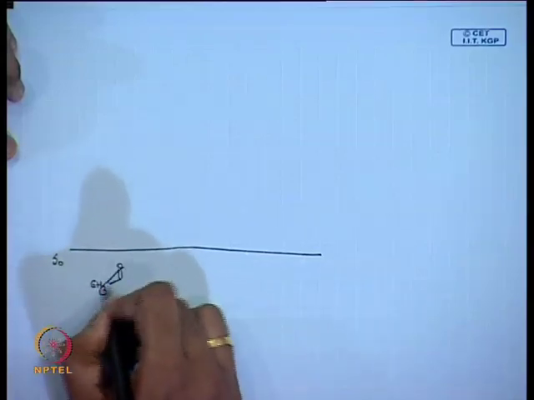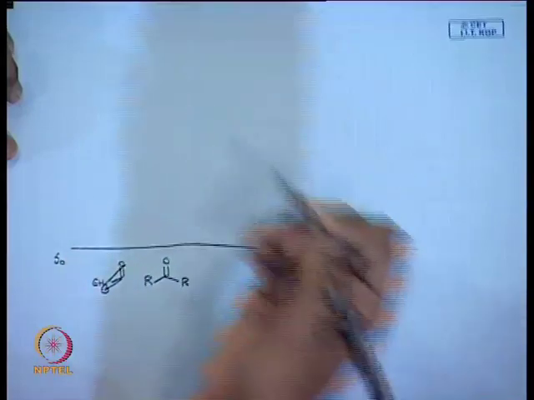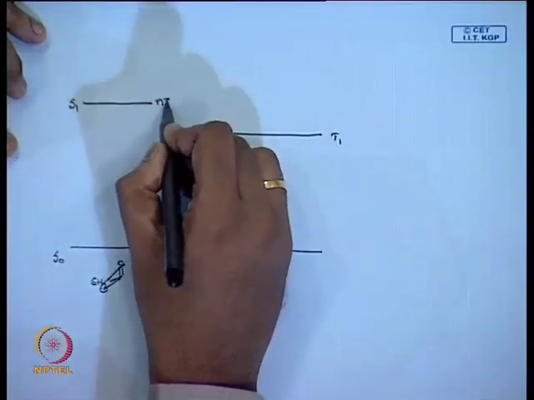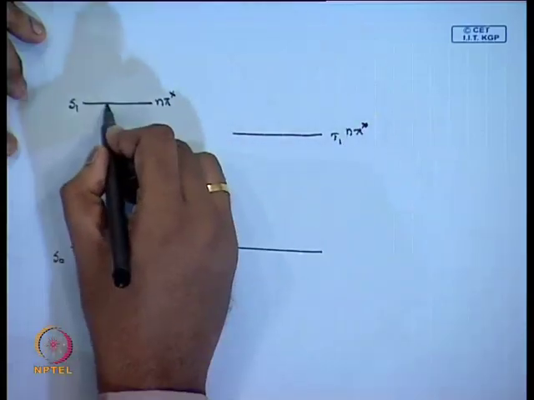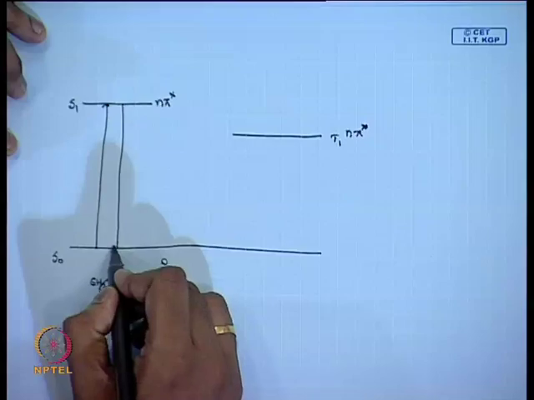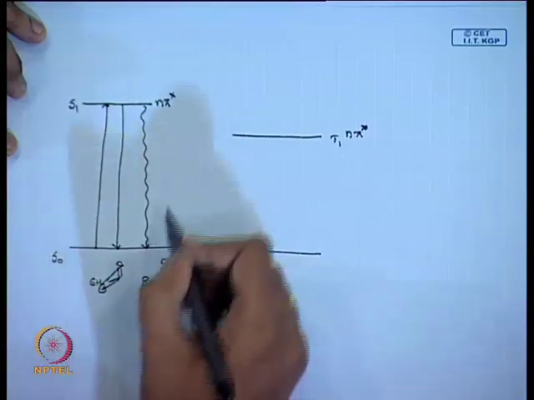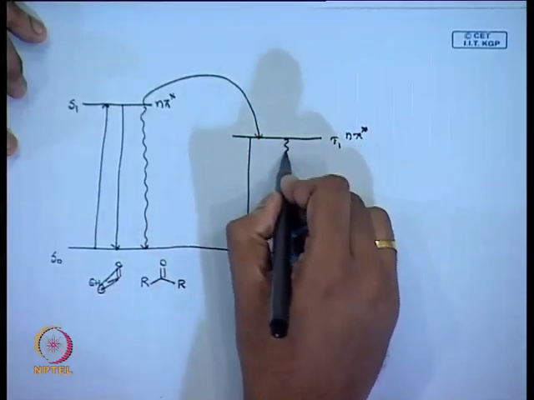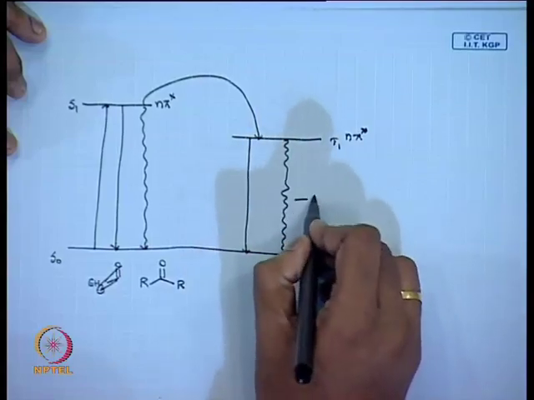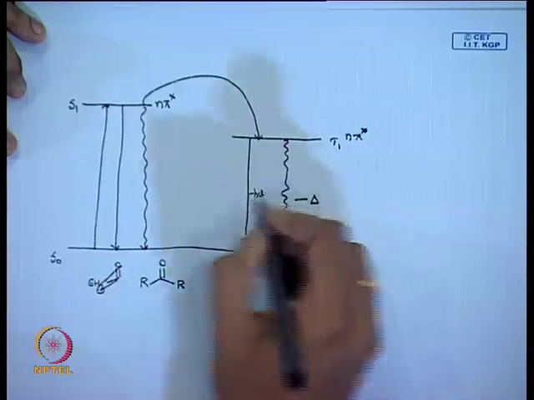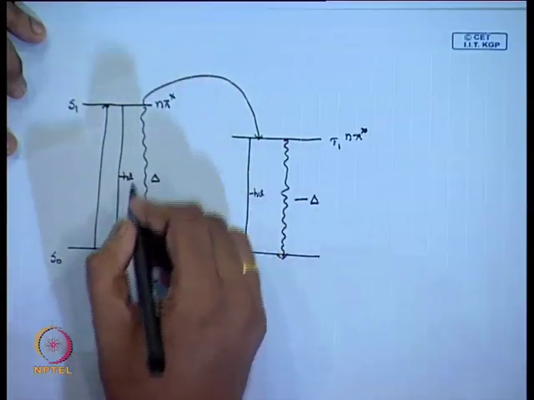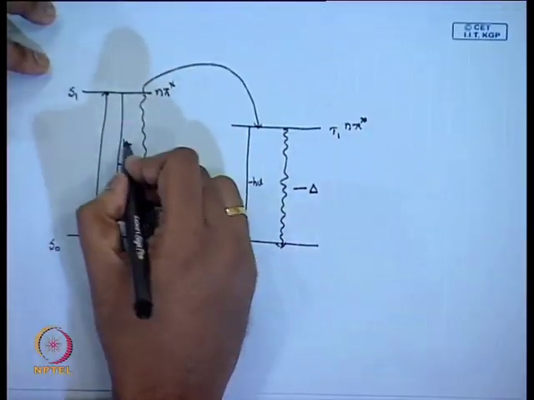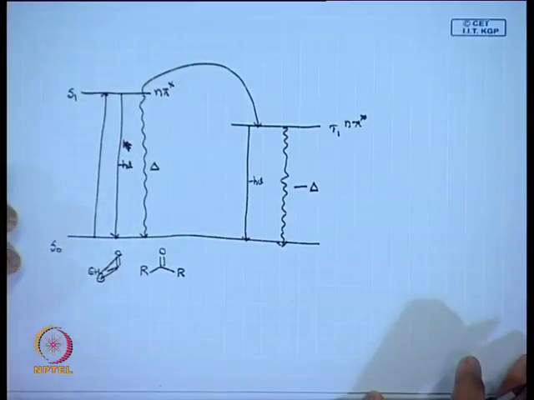If I take, for example, a general ketone, S0, then I have an S1, I have my T1, talking of n to pi star. So, we take a ketone and try to understand this.